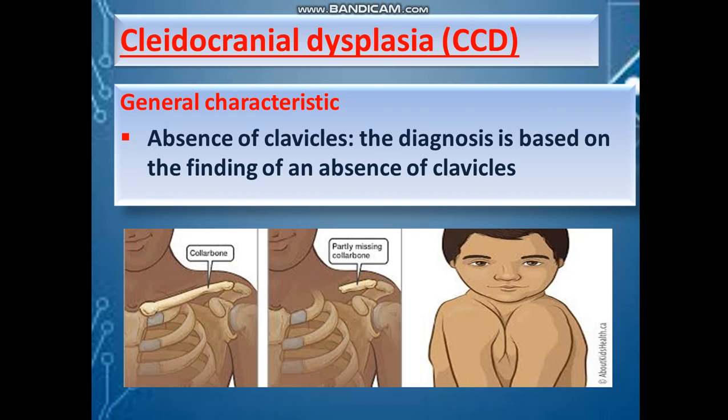As a result, their shoulders are narrow and sloping, can be brought unusually close together in front of the body, and in some cases can be made to meet in the middle of the body. The diagnosis is based on the finding of an absence of clavicles.